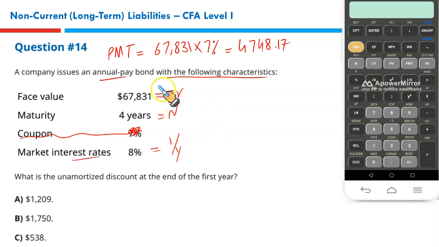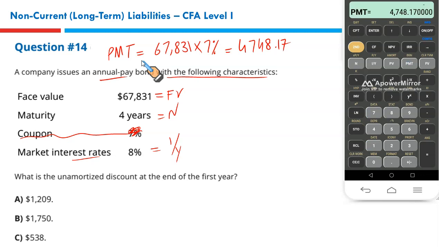Alright, in any order, you can start with PMT first. The payment is 4748.17. You can omit points if you want to. This is PMT. I've just put 0.7, but let's not make a mistake because the value might be different. Let's write it again: 4748.17.